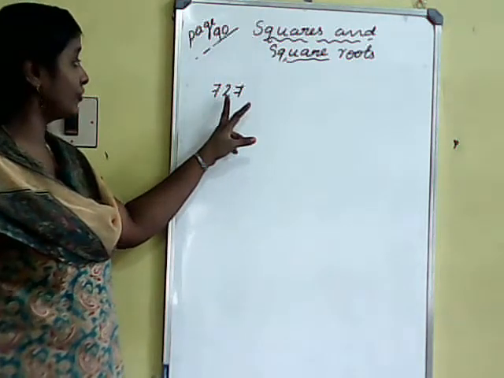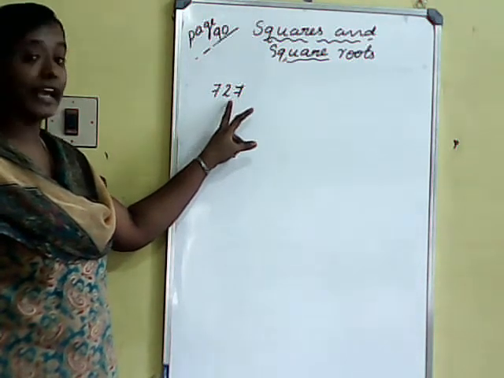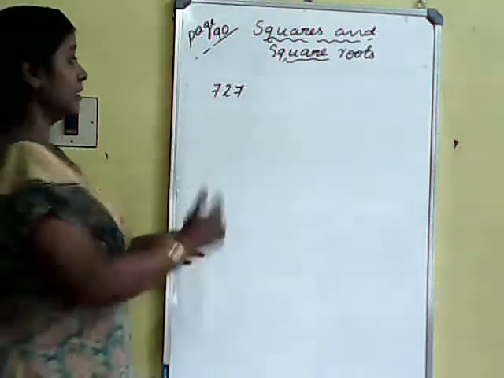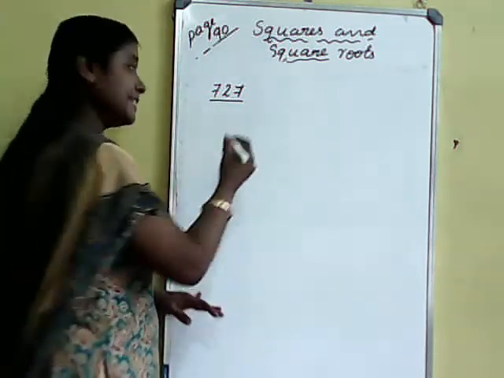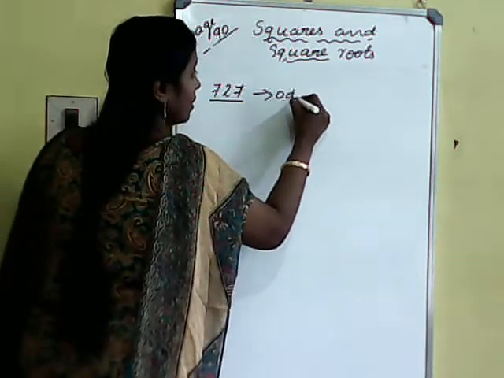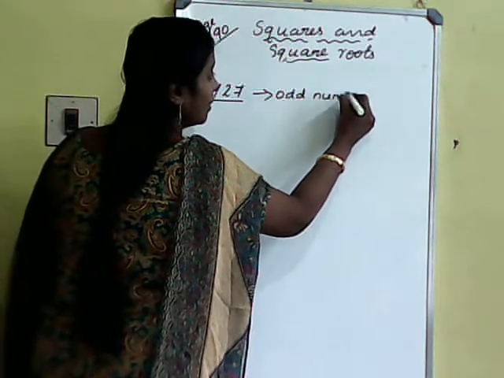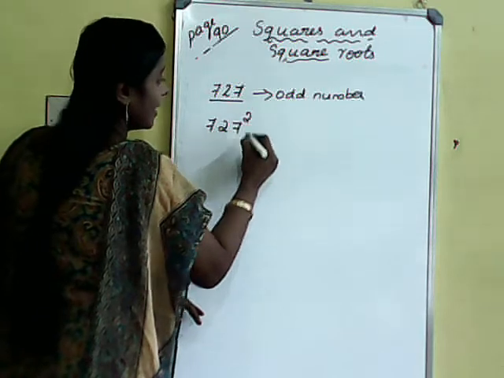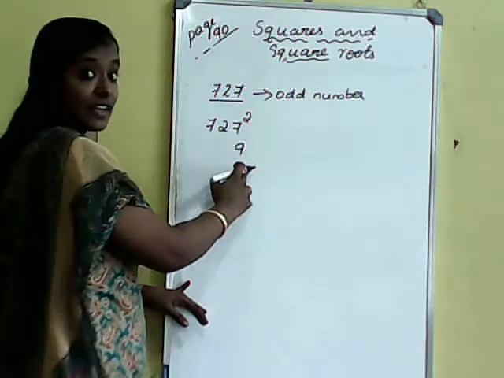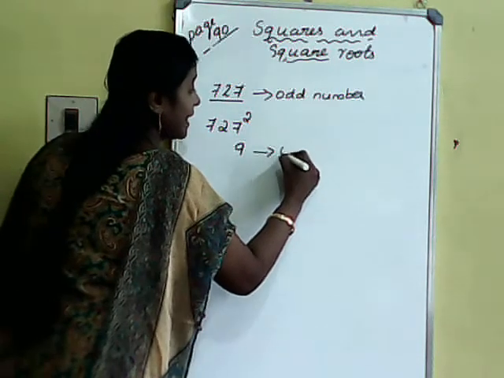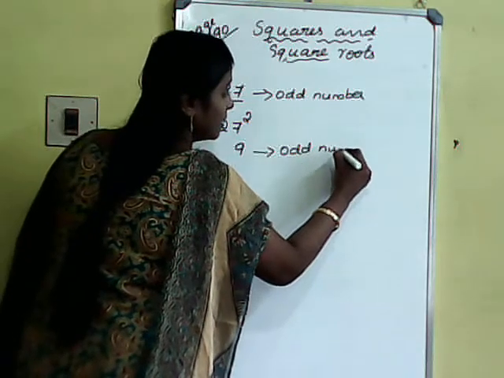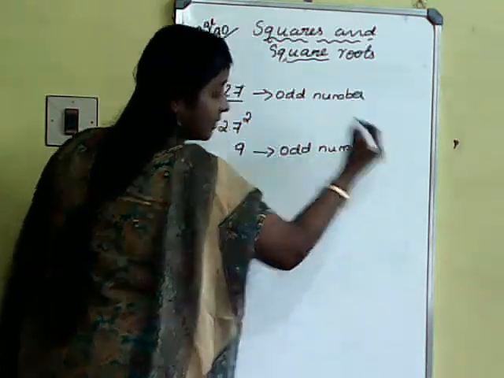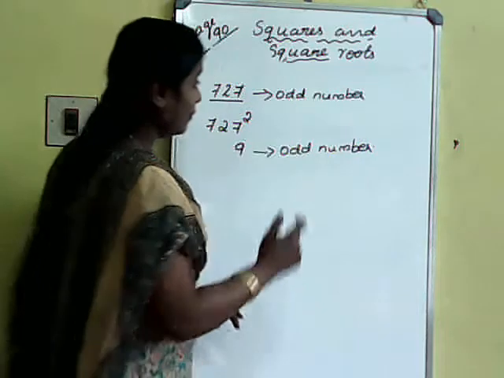Whether the square of this number is an even number or odd number. This one, 727, it is an odd number. Okay. What about its square? 727 ends in 9. 7 sevens are 49. So it is again an odd number. Clear? Then next question.